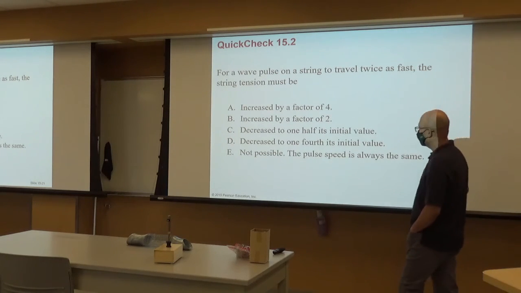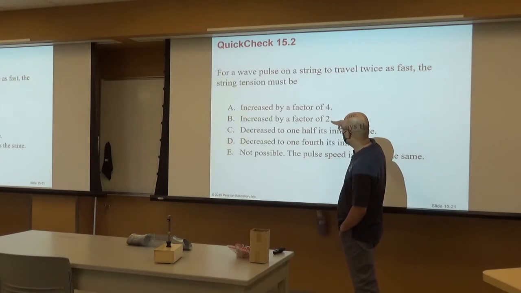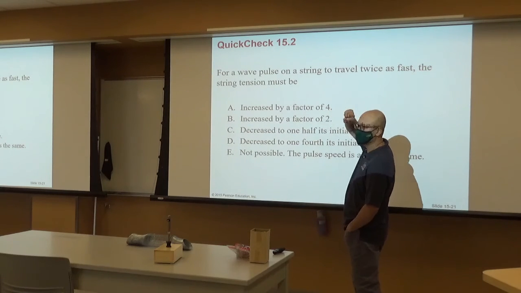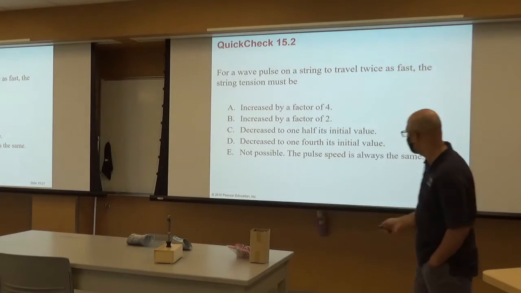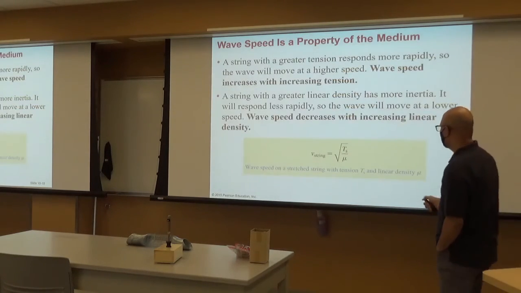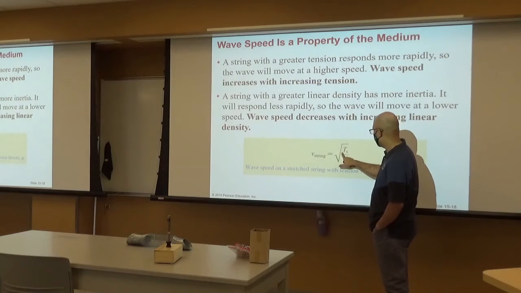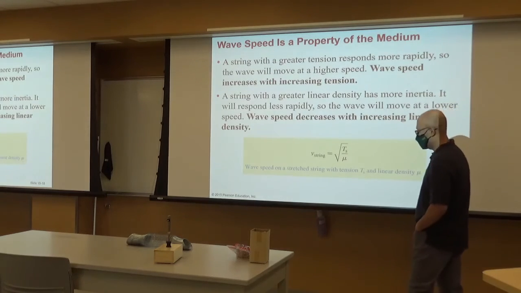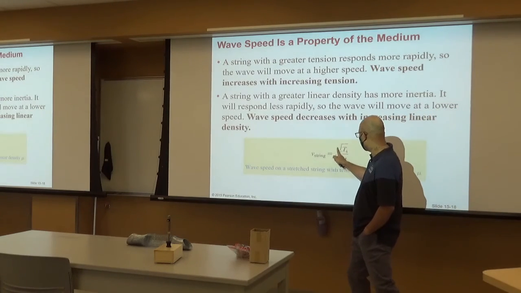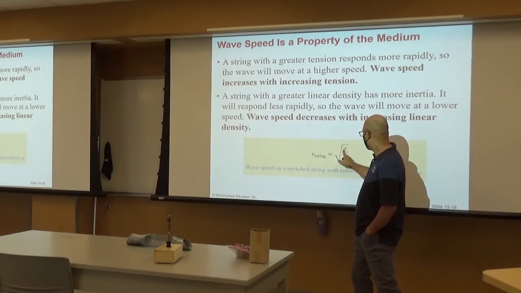We need to increase the tension by a factor of 2 or 4? 4. 4, exactly, because there is a square root here. Because of the square root, if you increase this by 4, the speed would increase twice. Because when you pull the 4 out, it becomes 2.